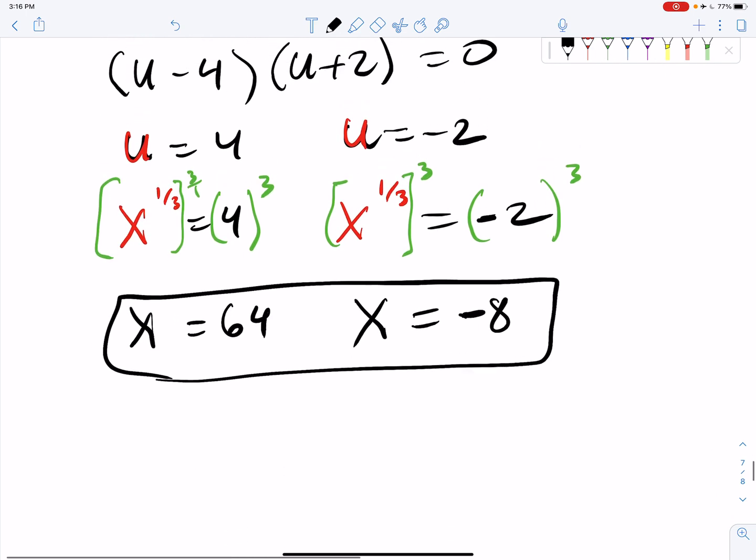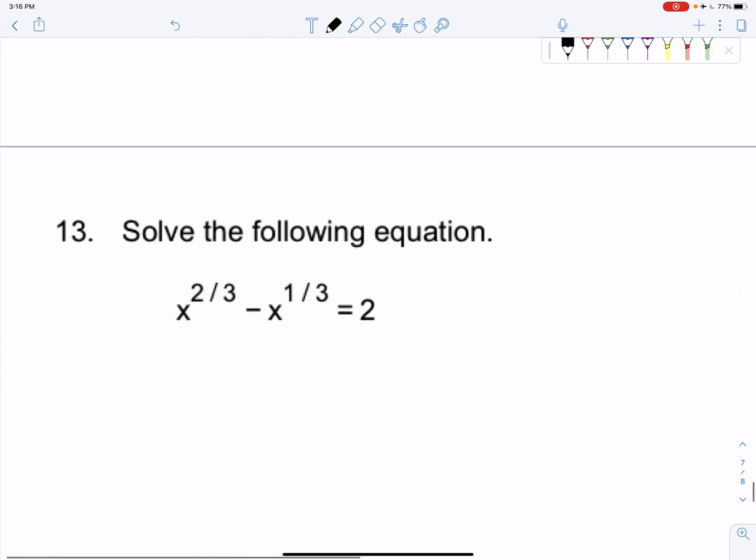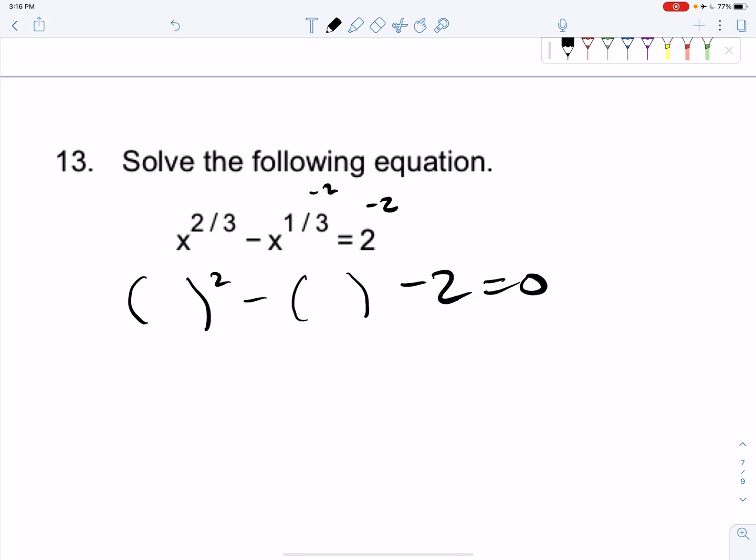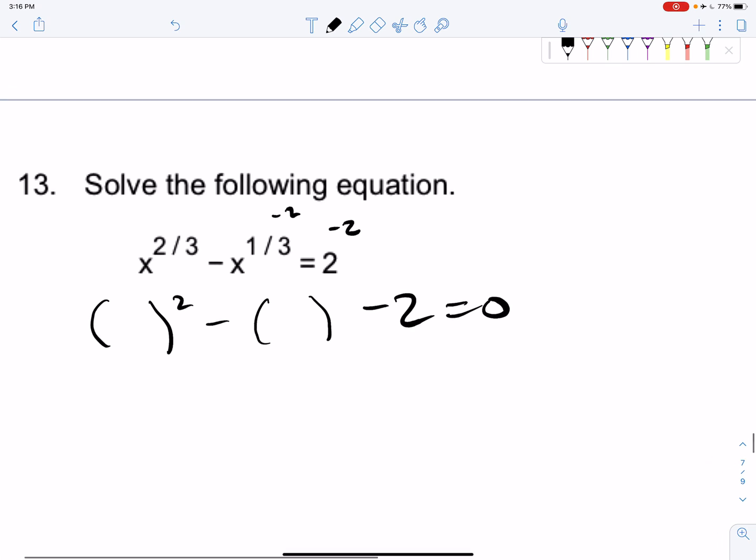Okay, let's go on to our final problem. Once again, can we write this as a quadratic? I'm going to subtract 2 from both sides, so I get -2 equals 0. What's my recommendation? Take a look at that guy right there, and let's let u equal x to the 1/3.